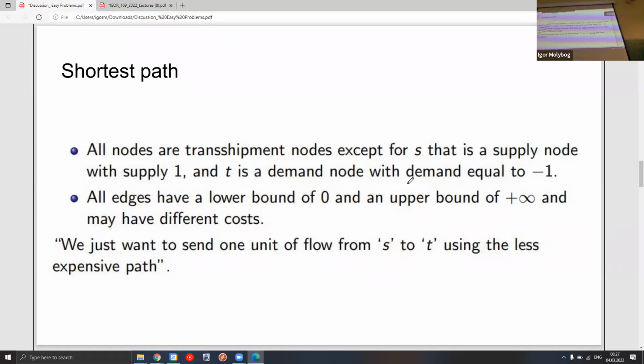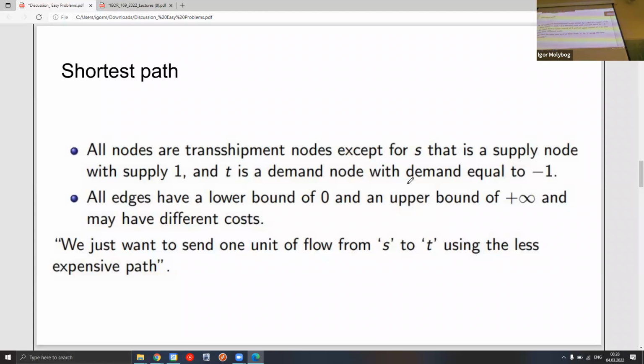In the shortest path, we have two nodes that are special: the source and target. In the source, the demand is -1, and in the target, the demand is +1. And between these two nodes, there's a certain network.